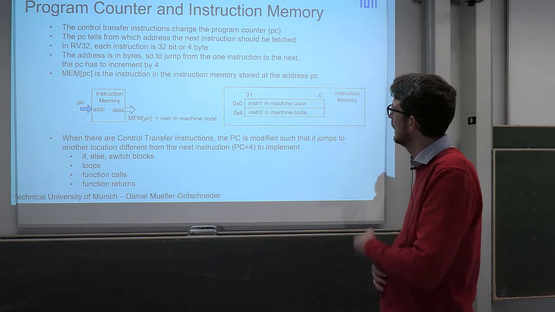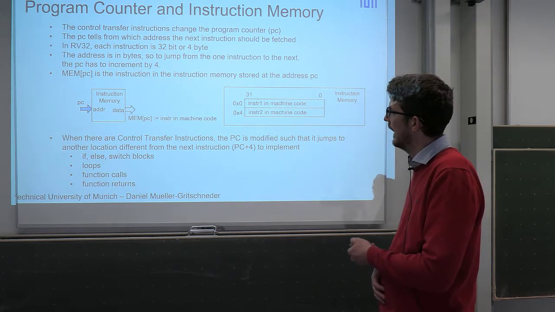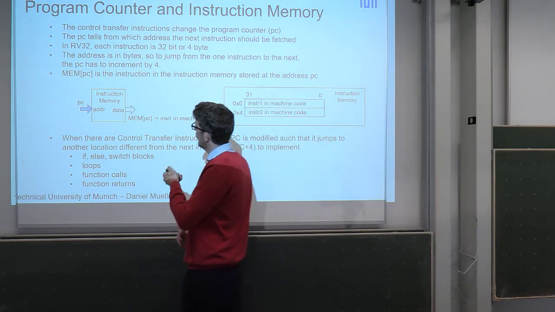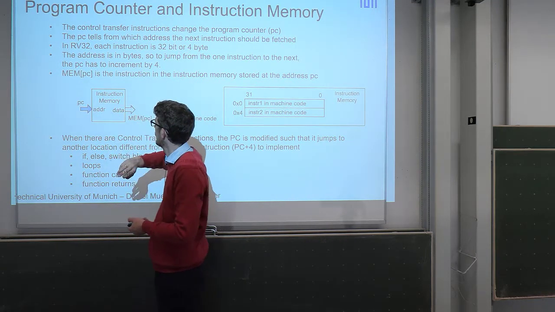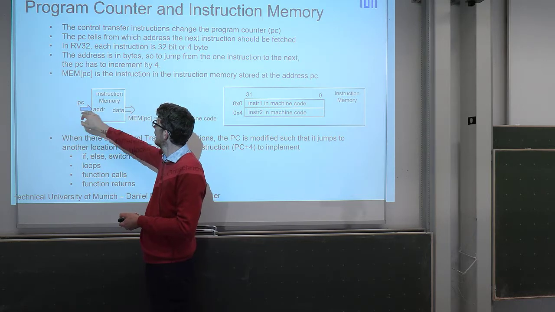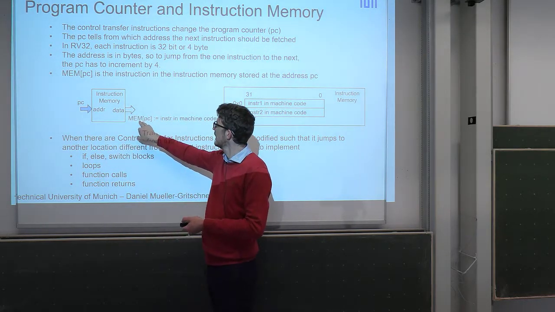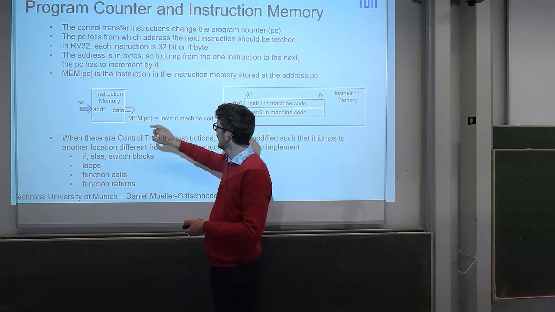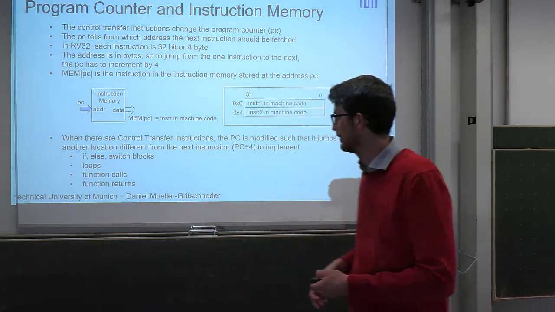So each instruction is 4 bytes apart. And if you want to get an instruction, we use this mem operator, and this gives us the memory element for this address. So we have some instruction memory, we give the PC as an address, and what we get back is the value stored in the memory at this address, and this is actually our instruction in machine code we should execute.